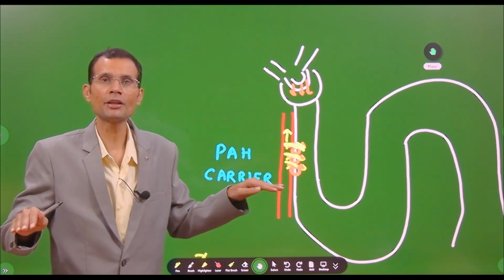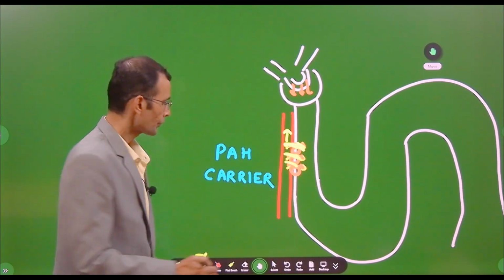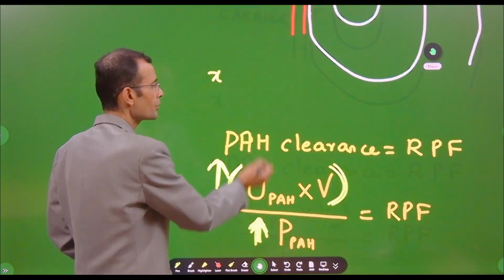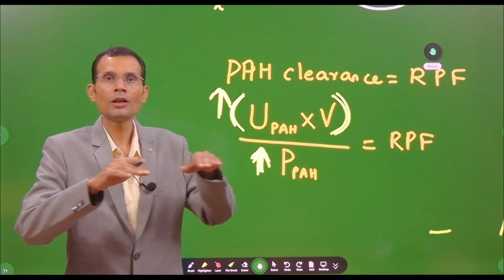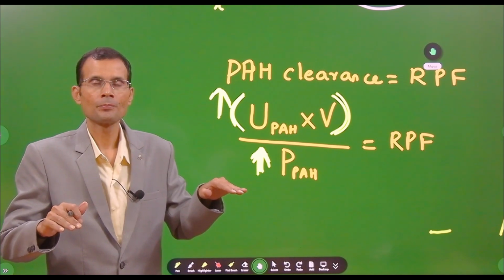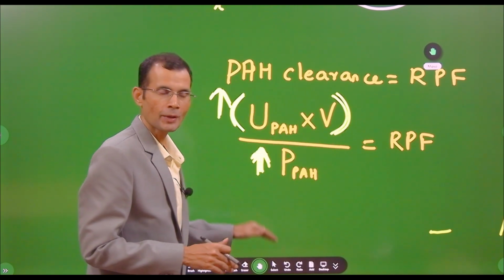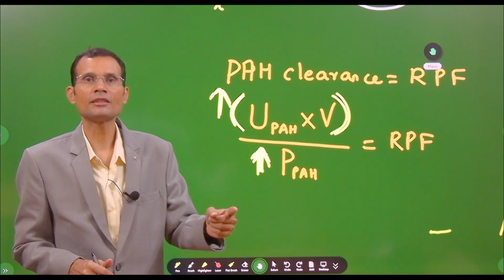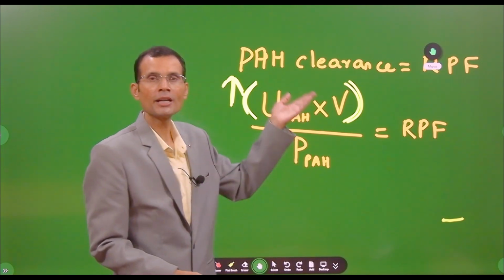The carriers got saturated. They can only secrete that much, not more. That means beyond a certain point, its urinary excretion rate, the numerator, will come to a constant level. A constant amount will be excreted into the urine, whereas its plasma level has increased. That means no change in the numerator, but the denominator is increasing.